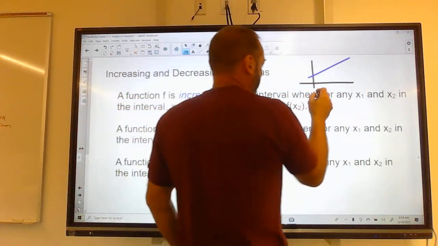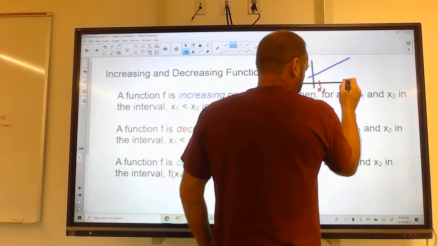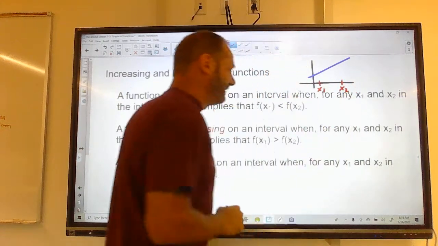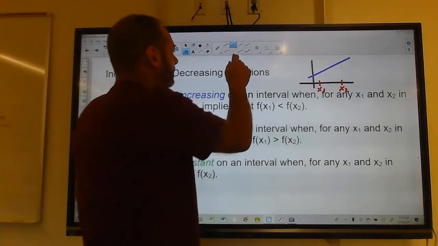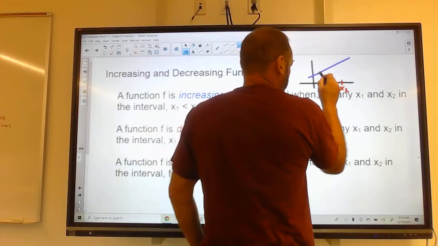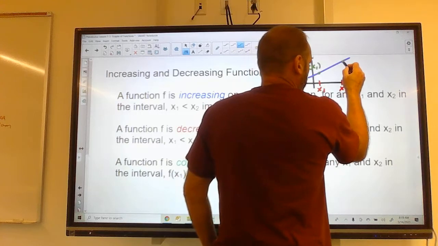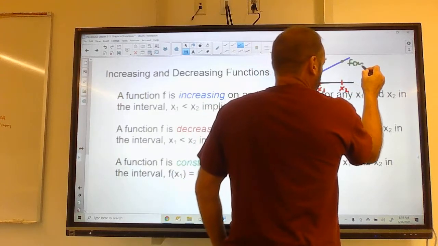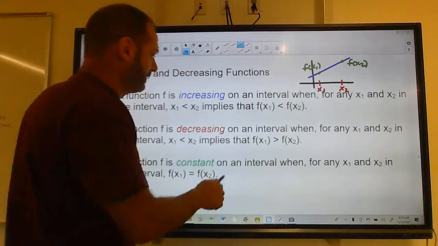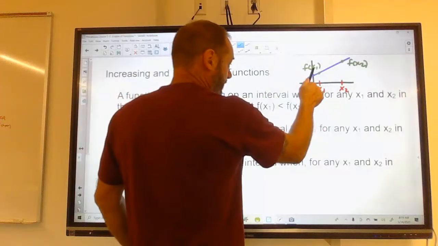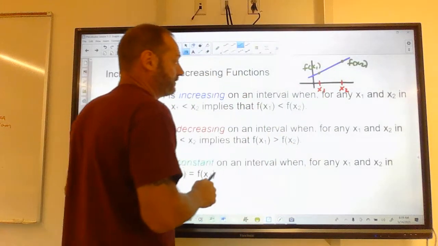And here I have an x1, and here I have an x2. And x1 is less than x2 here. Here's my f of x1, and here's my f of x2. And notice x1 is less than x2, f of x1 is less than f of x2.